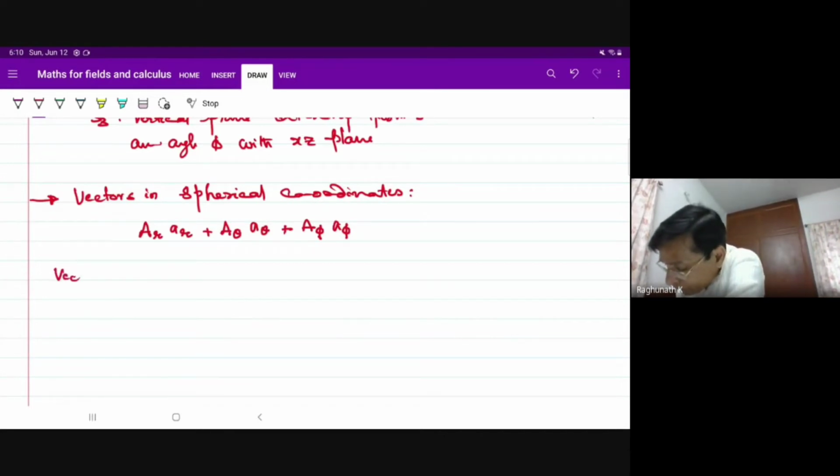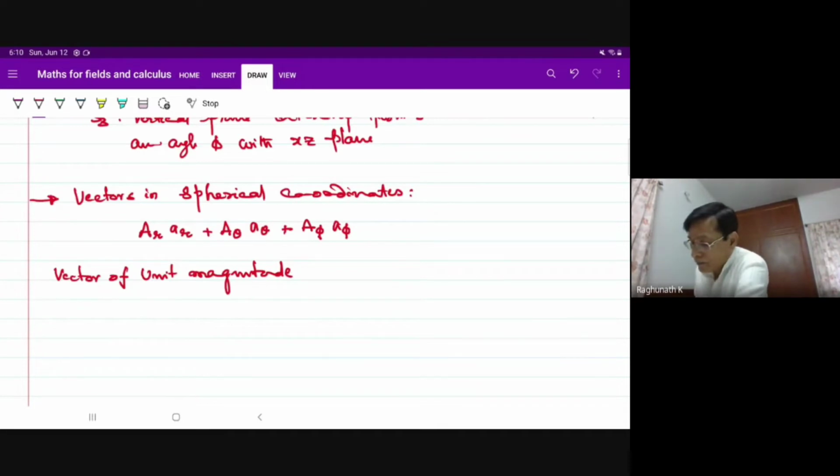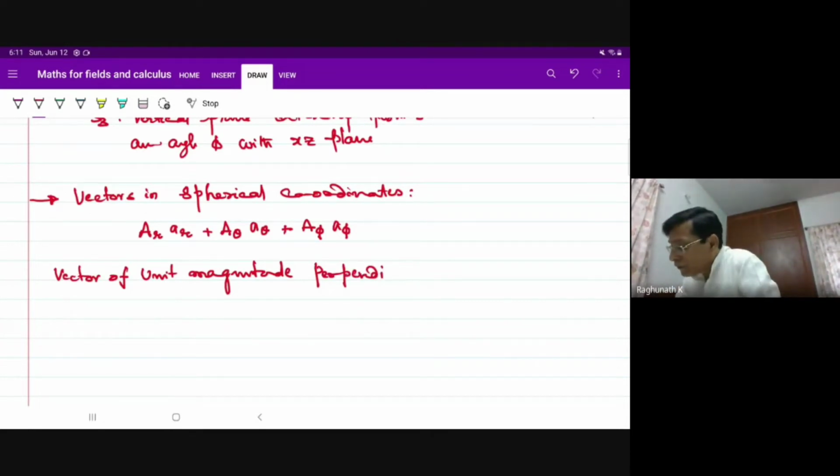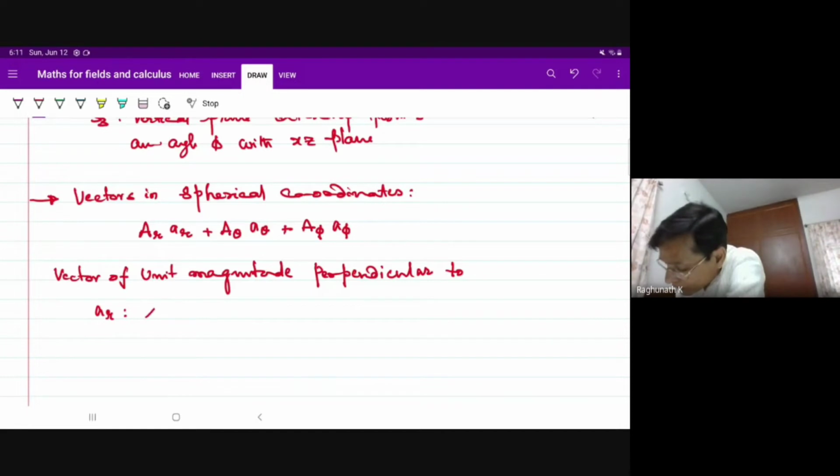Vector of unit magnitude, perpendicular to, normal, a_r.